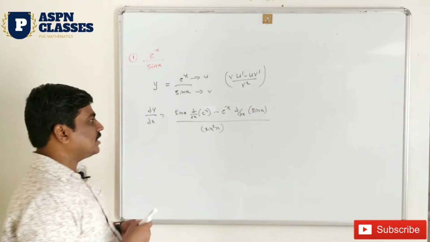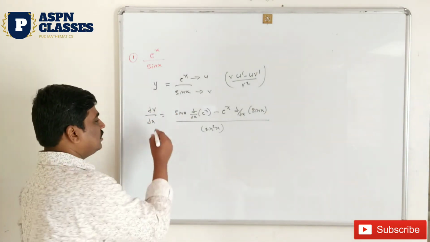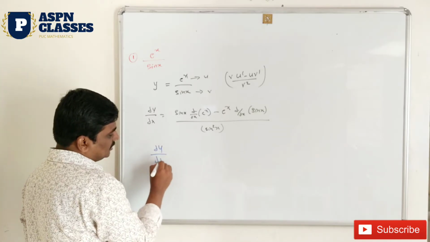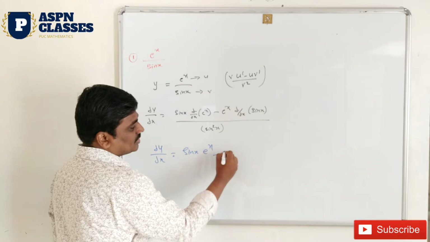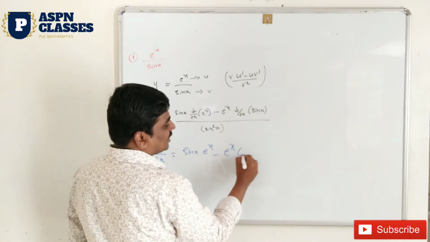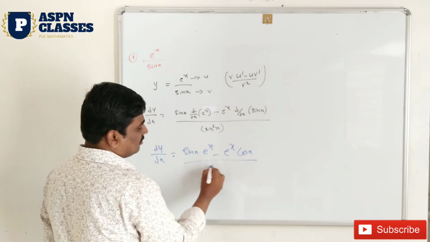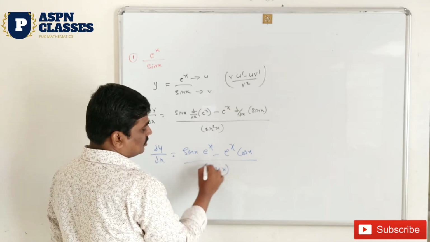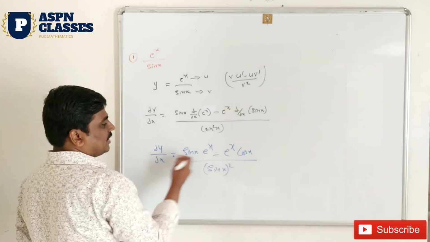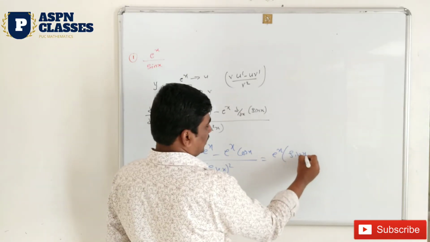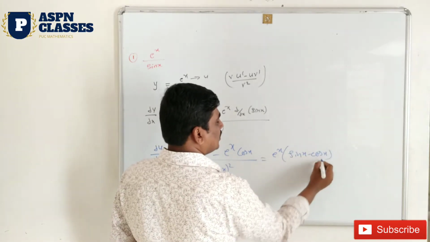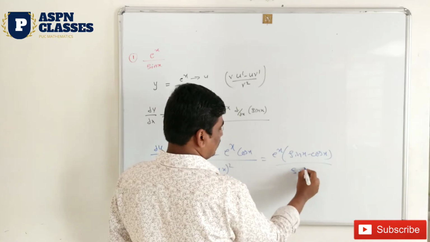Next step: dy by dx is sin x times e raised to x, minus e raised to x times cos x, divided by sin of x whole square. Or you may also take e raised to x as a common factor: e raised to x times sin x minus cos x, divided by sin square x.